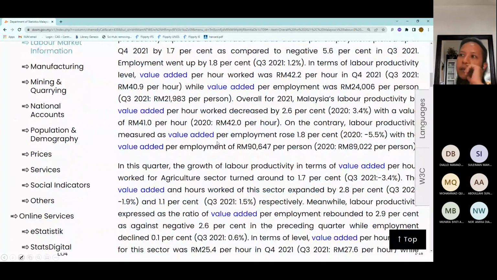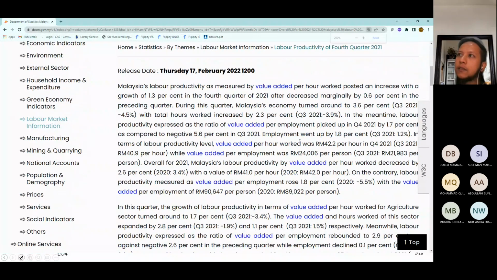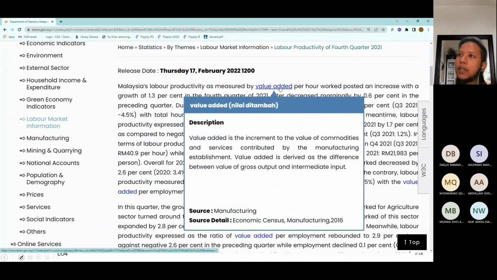Basically it is value added per hour worked, the increment to the value of commodities and services by the manufacturing establishment. Basically it is the difference between output and input.